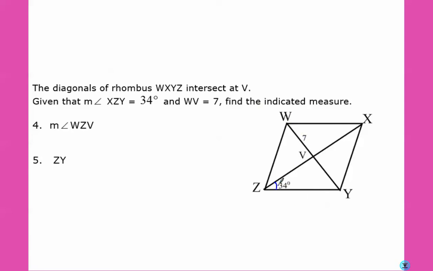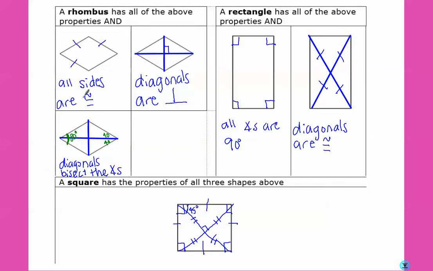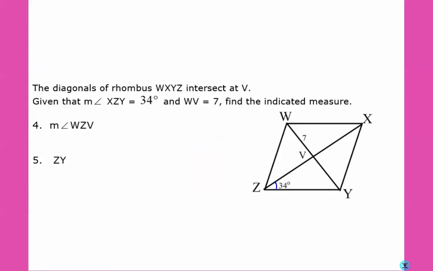Well, we knew from our rules for a rhombus that the diagonals bisect the angles. So if this part's 34, this part is also 34. And we knew from our parallelogram notes that alternate interior angles are also congruent from our parallel lines cut by a transversal notes. So those are both also 34.